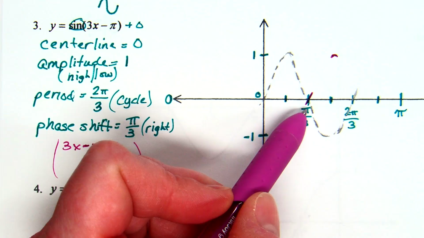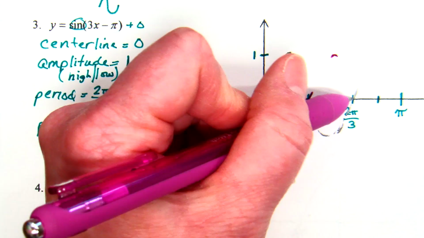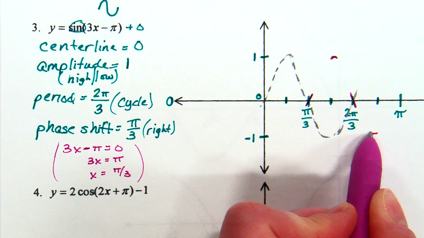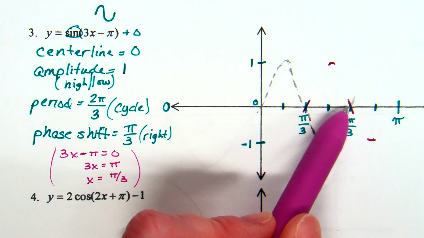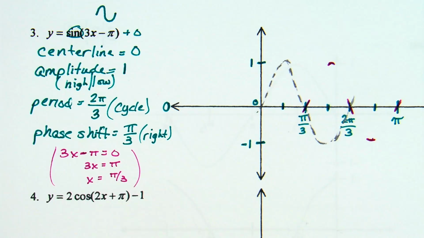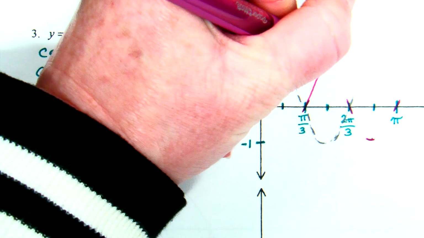Move that right pi over 3, and now where am I cutting through? 2 pi over 3. Then I have a minimum. And finally, my graph was supposed to end at 2 pi over 3, so now it's ending at pi. Every single mark moved over 2 tick marks, or a pi over 3. Just like yesterday, I just put those 5 markings in to help me connect my graph.